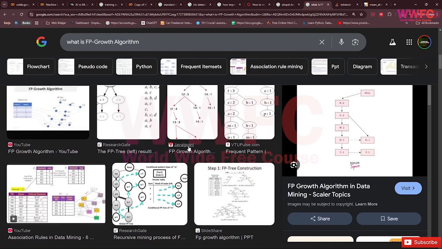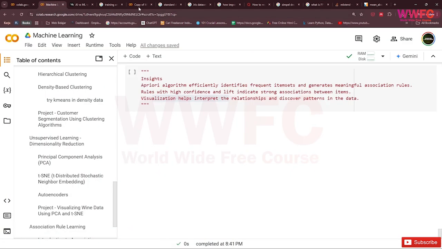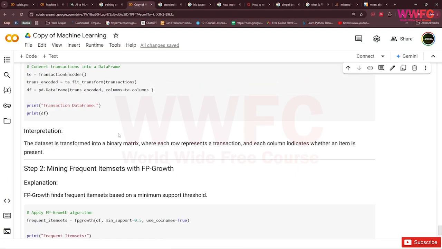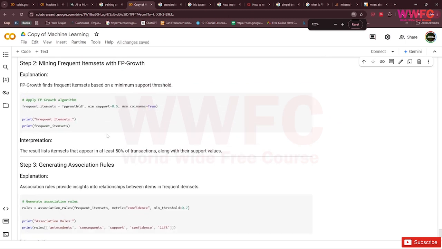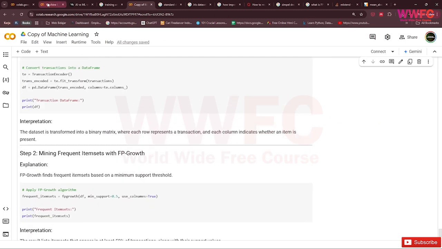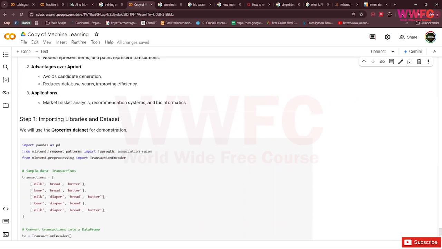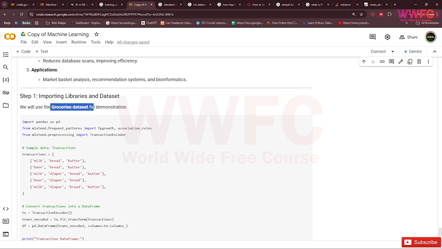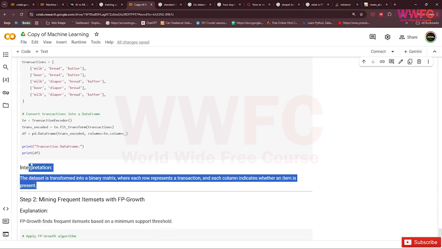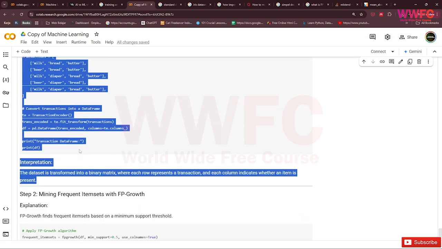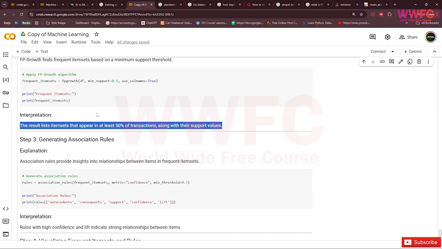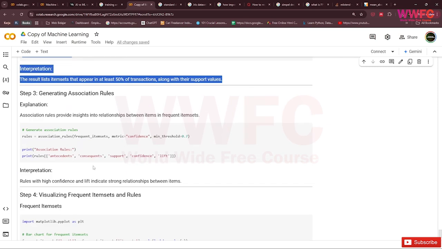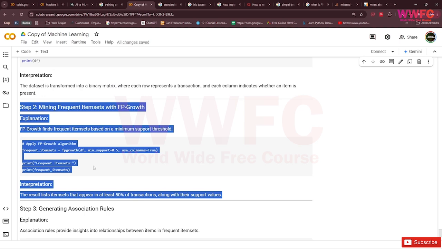Maybe we want to check our data, right? So step 1 is the data. We will use the grocery dataset for demonstration. Step 1 is importing the library, and step 2 is mining frequent itemsets.